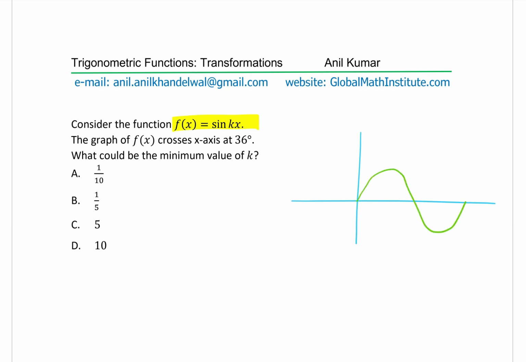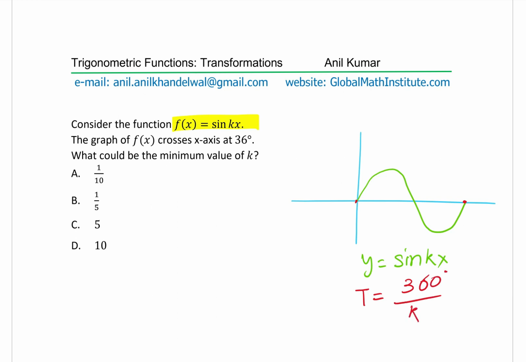A sine function basically will be like this. But when I say it is y equals sine kx, in that case the period of that particular cycle is going to be 360 degrees divided by k.